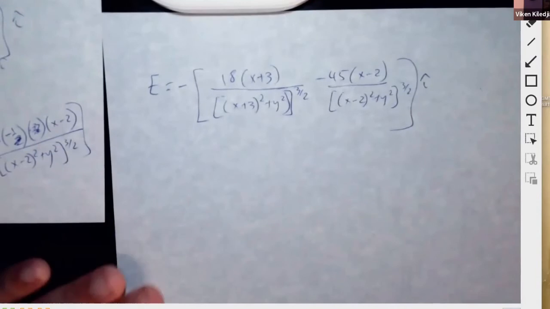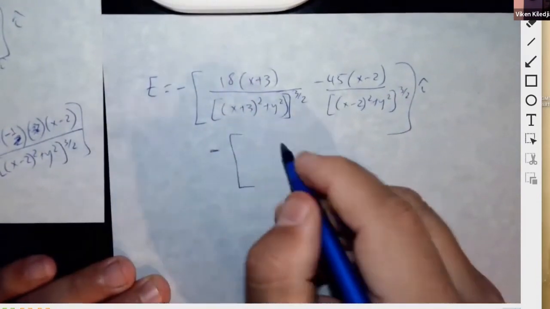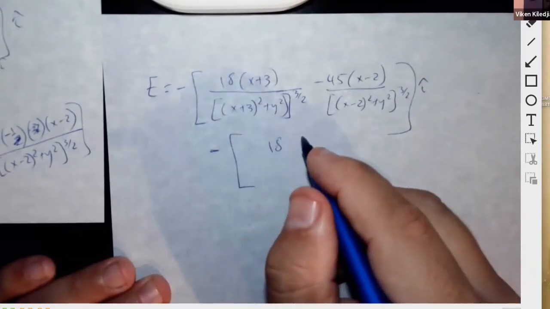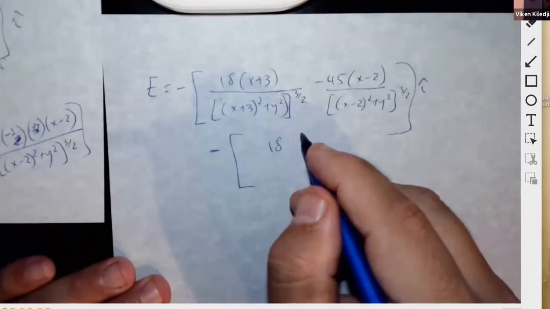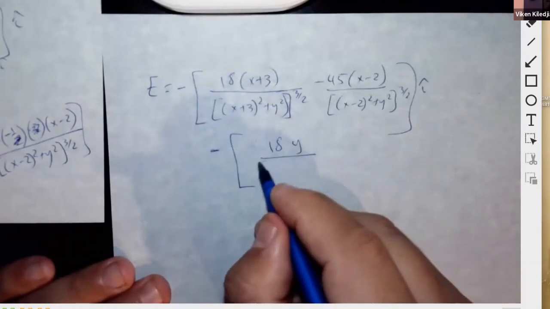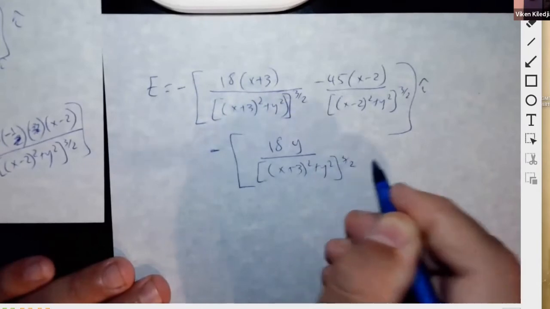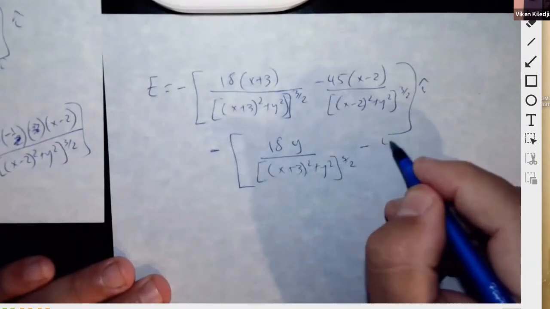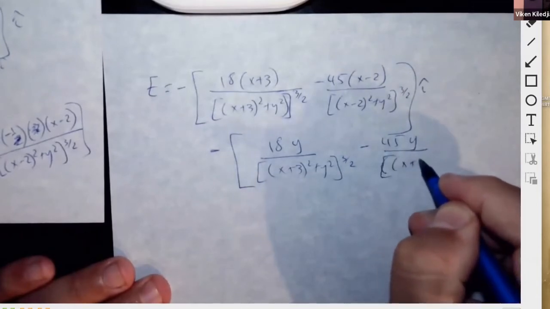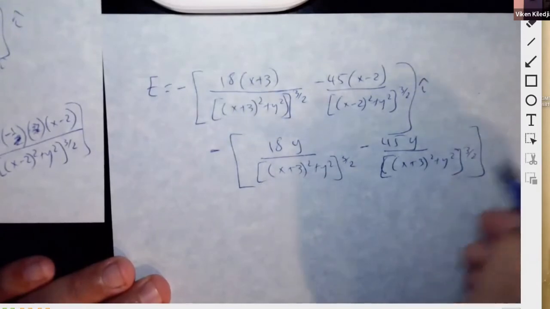Okay, and then in the y direction, you're going to get what? Minus, then you're going to get 18 times 2y when you differentiate it. So 18y over x plus 3 squared plus y squared to the 3 halves, minus 45y over x minus 2 squared plus y squared to the 3 halves, j hat.